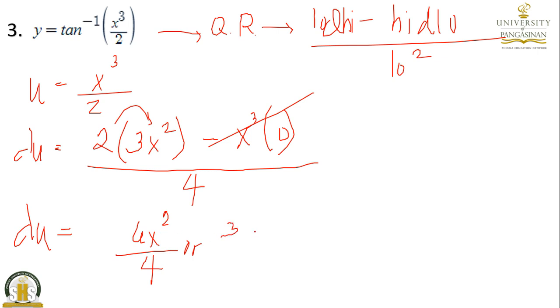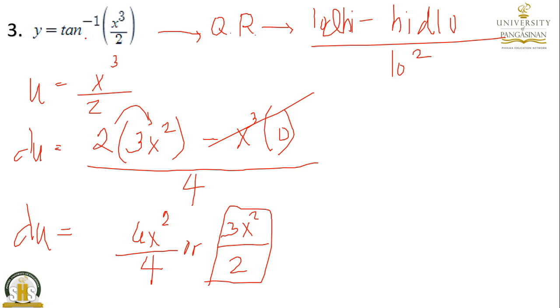So, ang possible final answer dito is 3x squared all over 2. Divide lang natin sa 2. 6 divide 2, 3. 4 divide 2, 2. Then copy the variable and the exponent. So, ito na yung magiging derivative natin. The derivative of x cubed all over 2 is 3x squared all over 2.